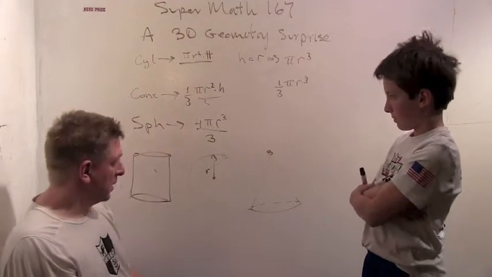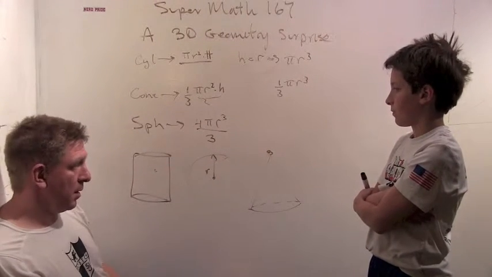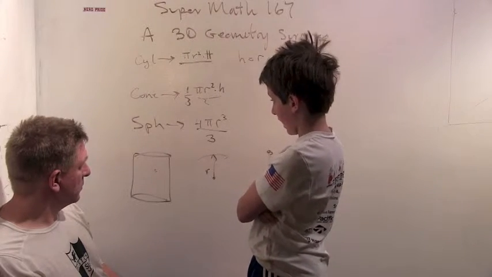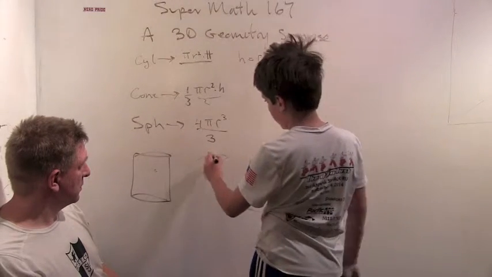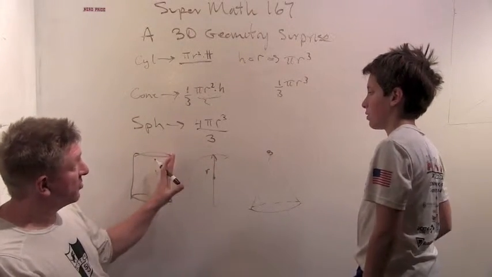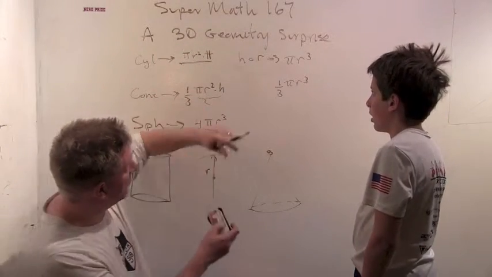Now, if these all have the same height, what's the height? Well, we could say it's h. Actually, it would be 2r. So if we have the same radius and the height is 2r this time, pi r squared times height is 2 pi r cubed.